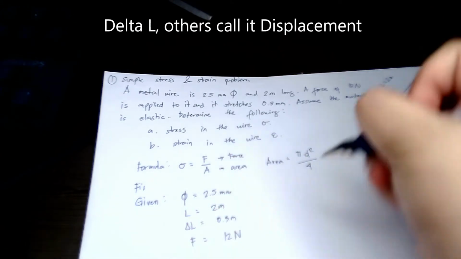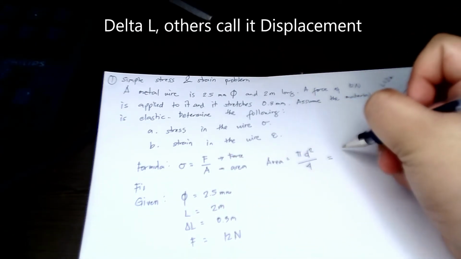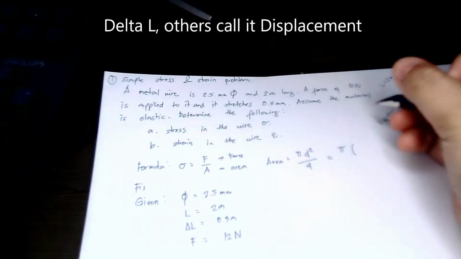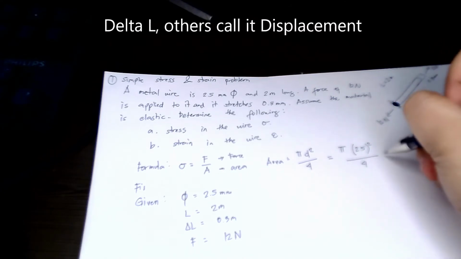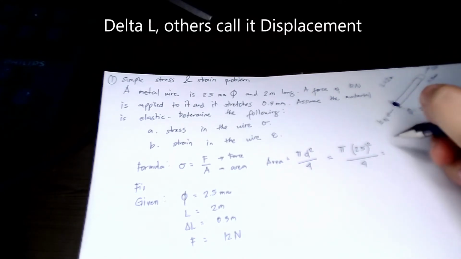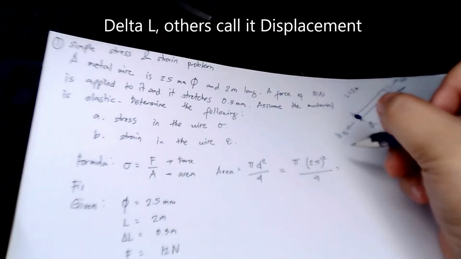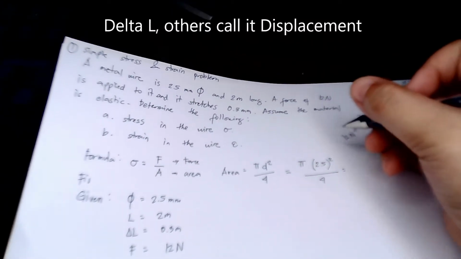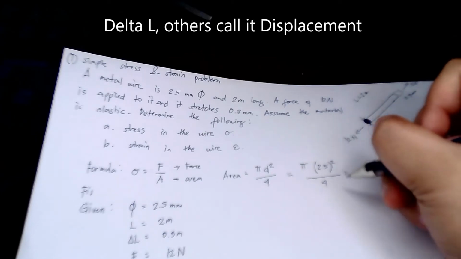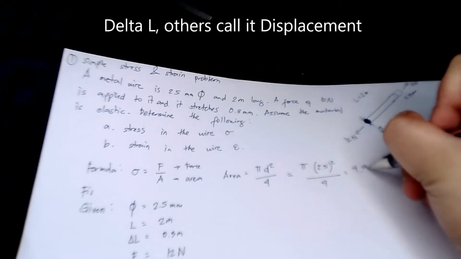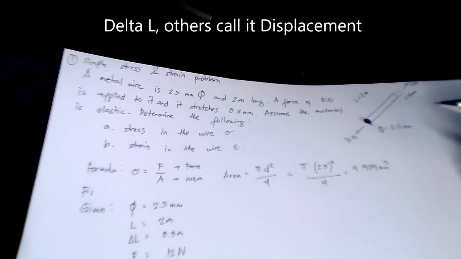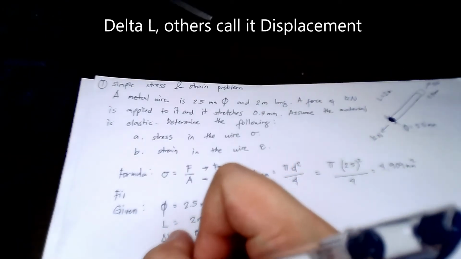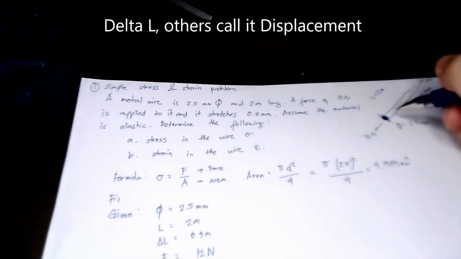So to find the stress, we have to first find the area, and our area is pi times 2.5 squared over 4, and we have our area equal to, get your calculator please and follow with me, 4.909 mm squared.